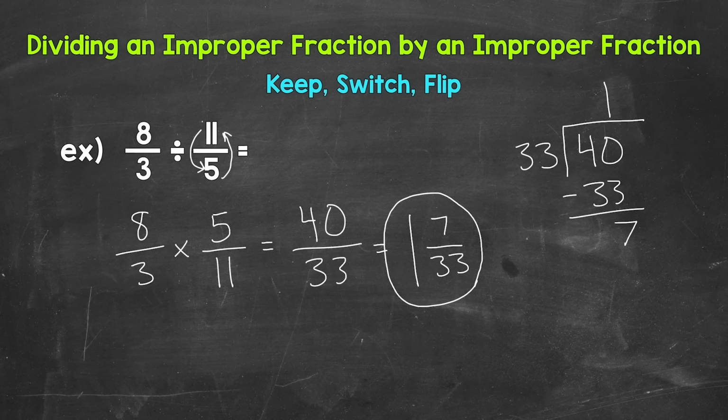Subtract, and we get that remainder of 7. 1 is the whole number part of the mixed number, and then 7, the remainder, is the numerator of the fractional part. And then we keep the denominator of 33 the same. So there's how to divide an improper fraction by an improper fraction. Let's move on to dividing an improper fraction by a whole number.